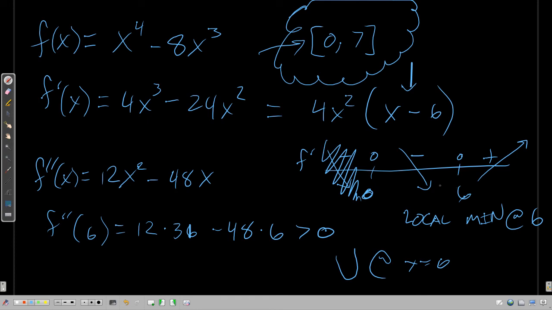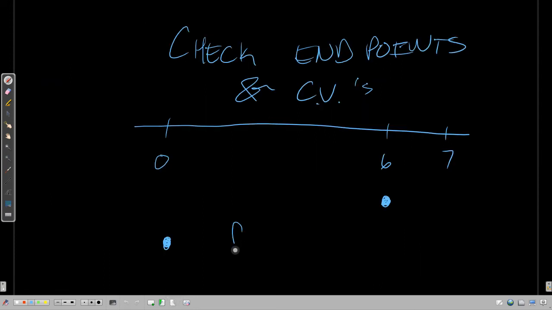So the global extreme is going to be at 6. We're going to put 6 into f, and among these three numbers, the lowest one will be f of 6.